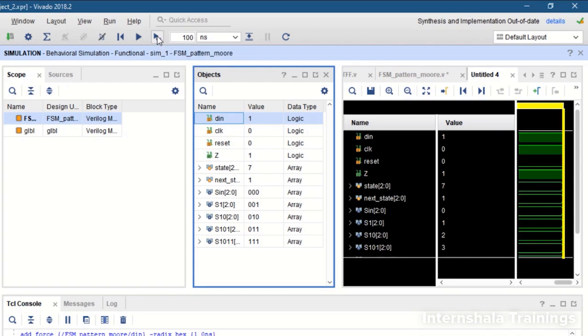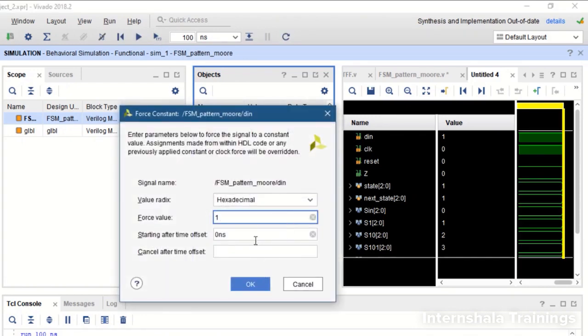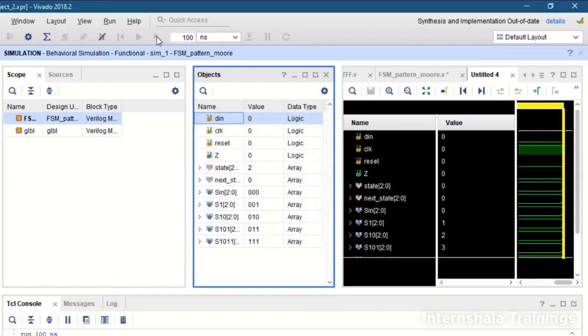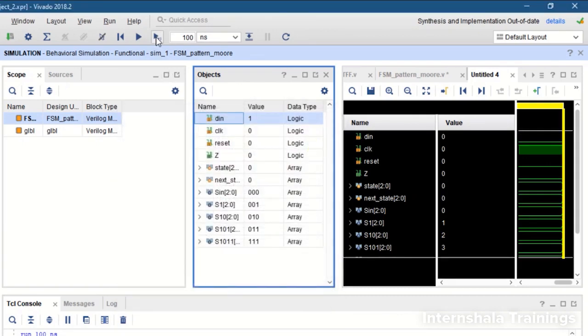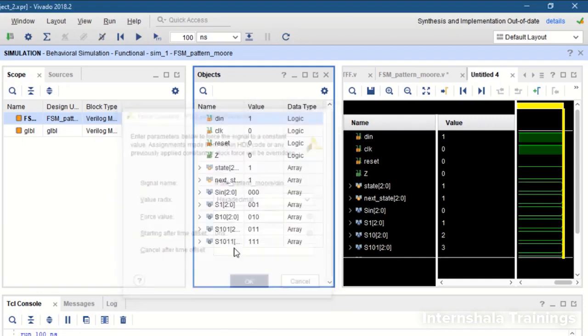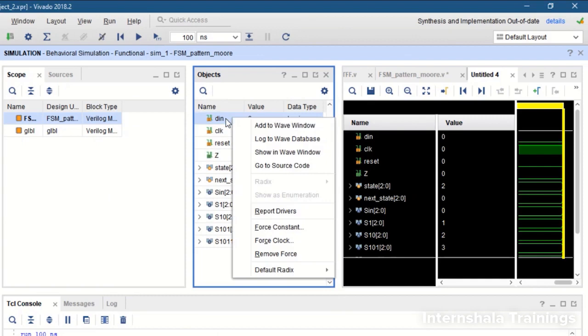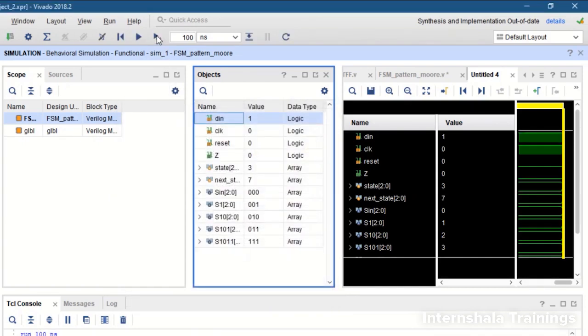If I run for 1 more clock, Z is back to 0 and state transitions are happening. So we will randomly give these bit streams and run for 1 clock at a time. Okay, so I again give a number 1, then I give a number 0, then I give the number 1 and run it.